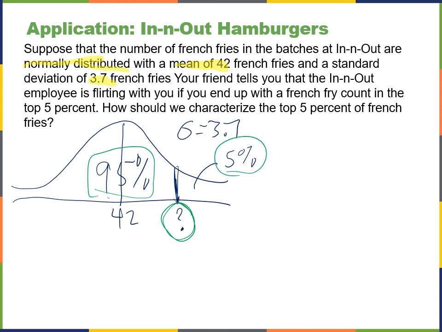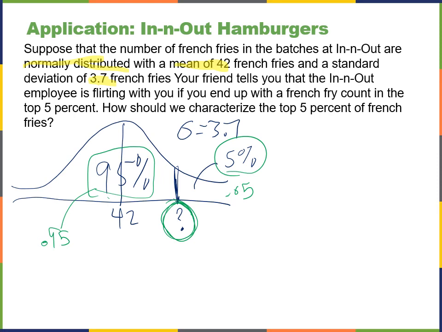Here they gave us the area. 95%, 5%, that's percentages. I can turn that into a decimal, 0.95, or in this case, 0.05. And I'm trying to find how many French fries would be in my large fry that would put me in the top 5%. And therefore, the employee was giving me some extra fries, most likely.